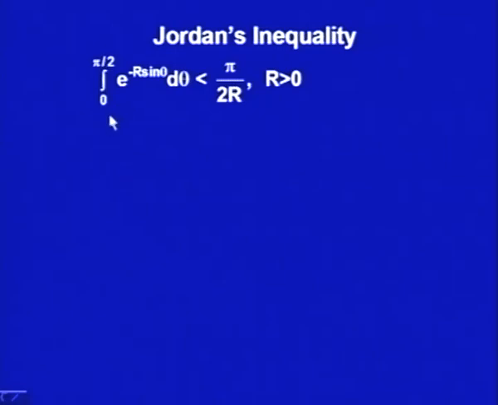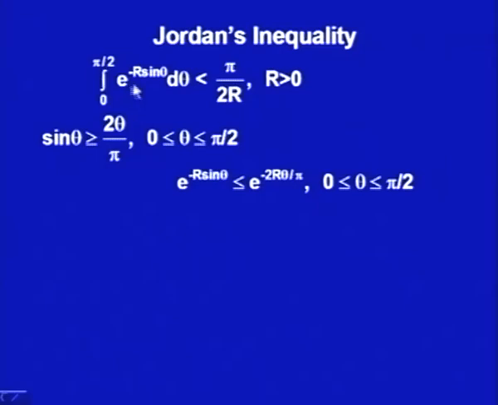We want to prove that the integral from 0 to pi by 2 of e to the power minus r sin theta d theta is less than pi upon 2r for r positive. We have just shown that sin theta is greater than 2 theta upon pi. So, we would use that. We would write e to the power minus r sin theta, which is actually 1 upon e to the power r sin theta.